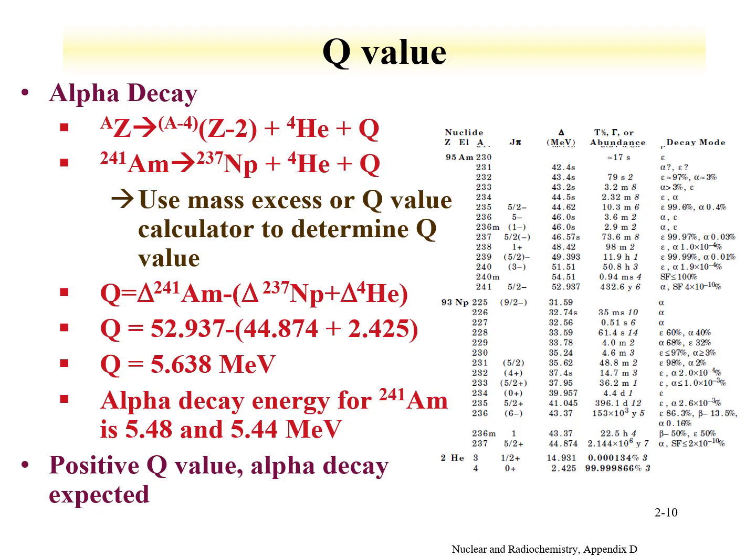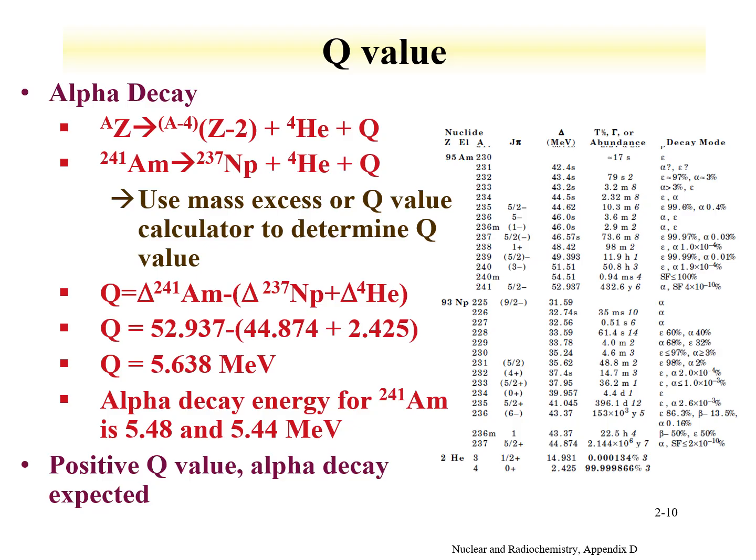So let's consider the alpha decay of americium-241. It decays to neptunium-237 and the alpha particle. So the Q value is equal to the mass of the parent minus the sum of the progeny mass and the alpha particle mass. So we can use mass excess to determine this.